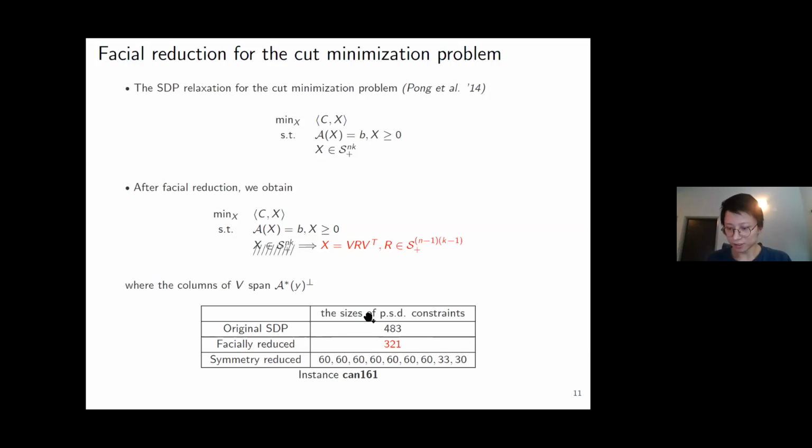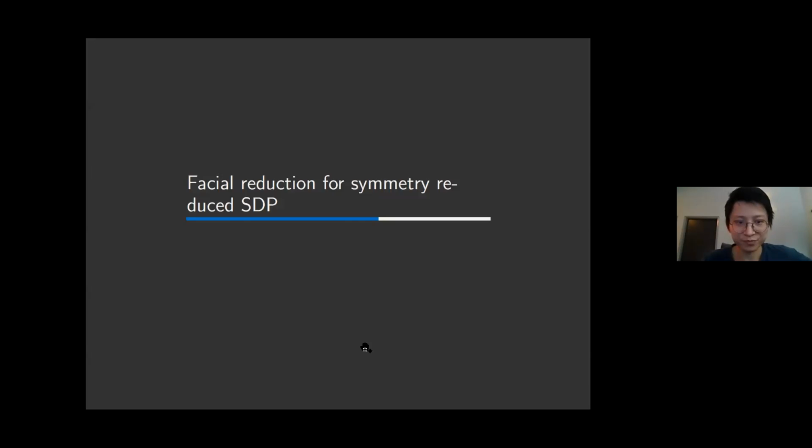So a natural idea is, can we do both facial reduction and symmetry reduction so that we can enjoy both properties? Namely, we can have a smaller problem and we can also solve it in a stable manner. So that's the idea of our work. We would like to combine facial reduction and symmetry reduction.